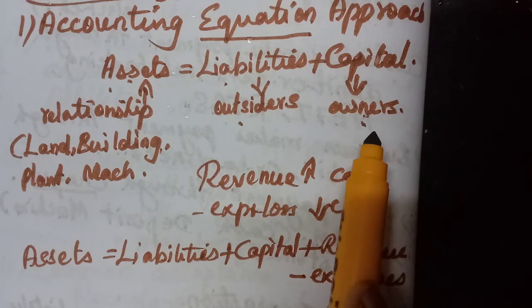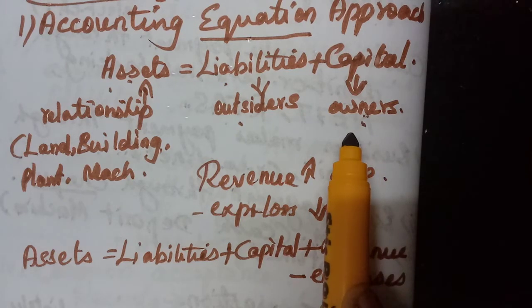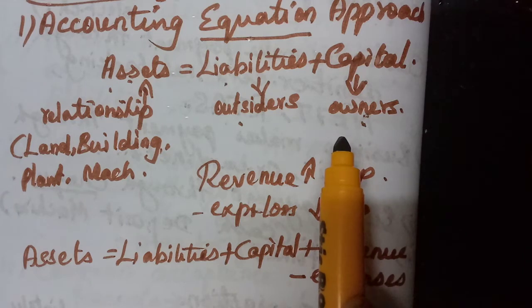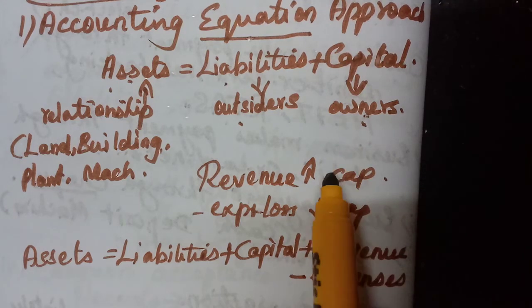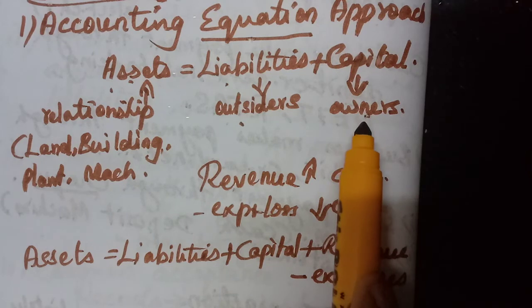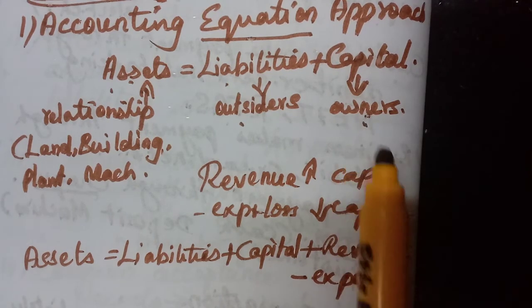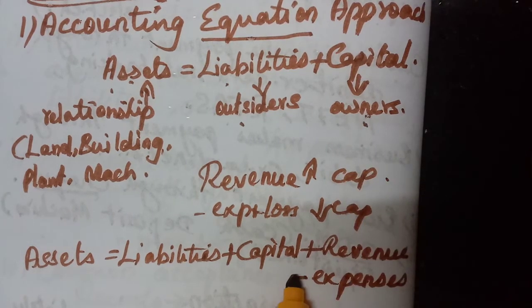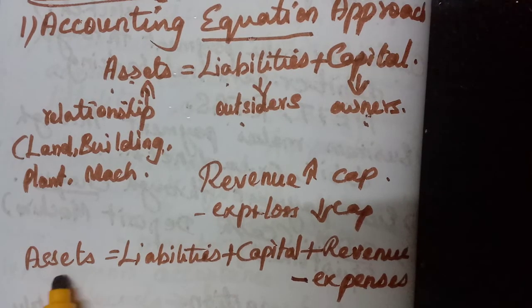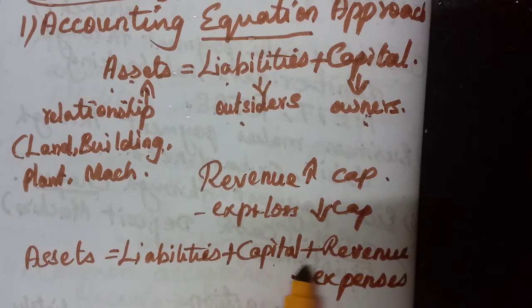And if he incurs any loss, for instance instead of selling the goods for 50,000, he sells for 40,000, his capital will automatically be reduced. So the loss or expenses should be deducted. So the final equation is assets is equal to liabilities plus capital plus revenue minus expenses.